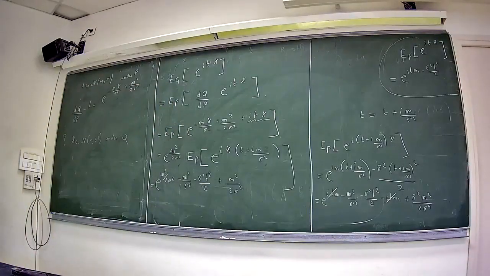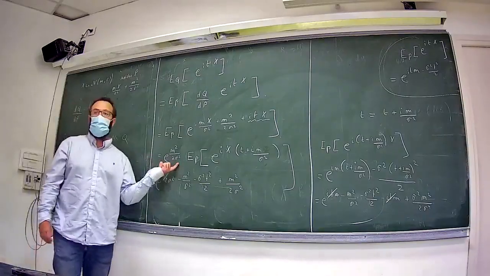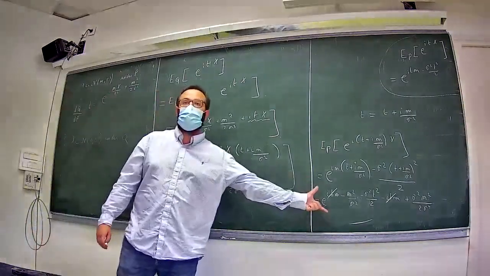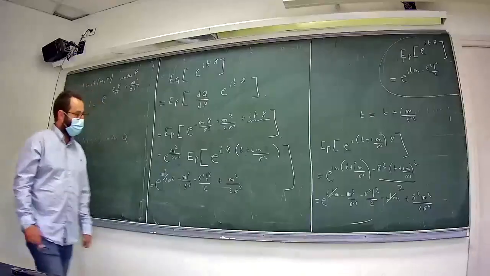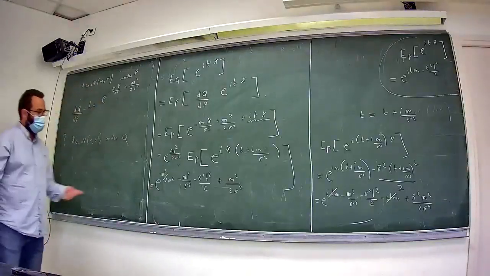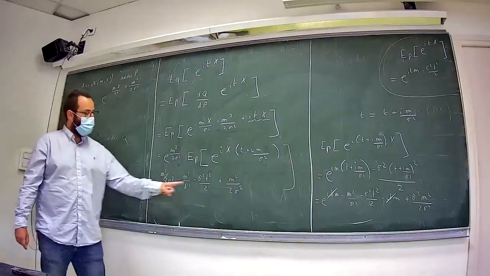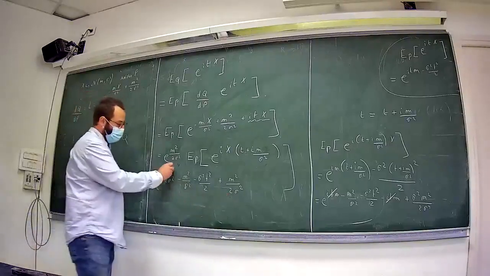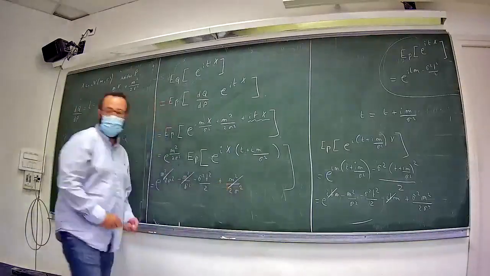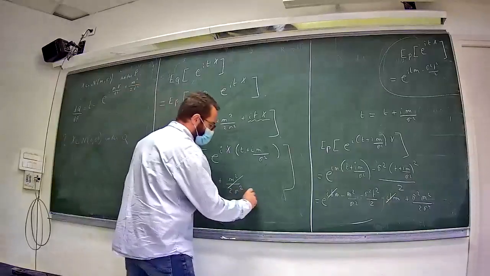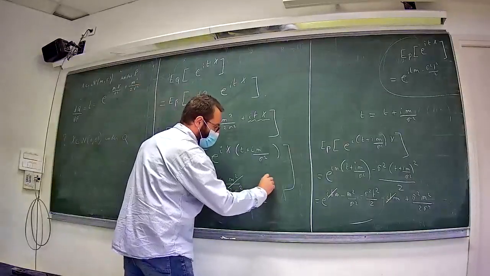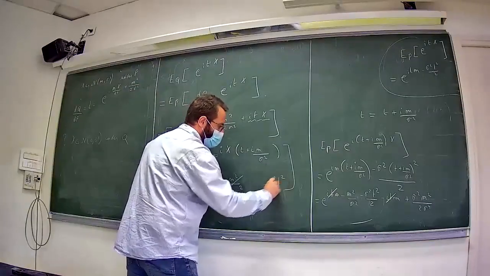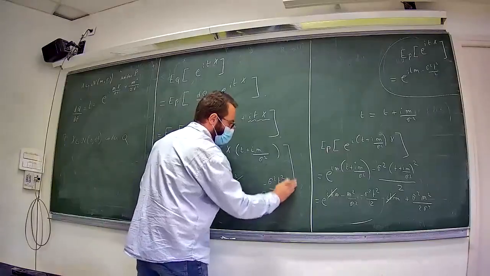And I have some simplifications here. I have this term before, I multiply by what I have computed here, and I obtain at the end what? You see that you have m square over 2 sigma square plus m square over 2 sigma square minus m square over sigma square. And at the end, you obtain exactly what you want, that is exponential minus sigma square t square over 2.